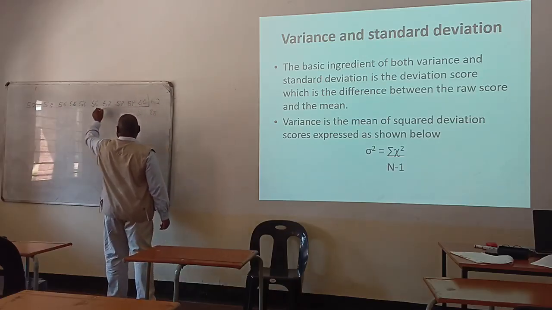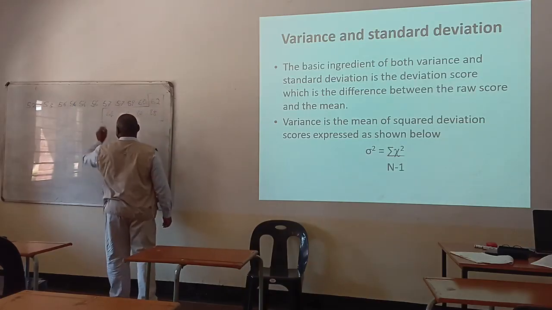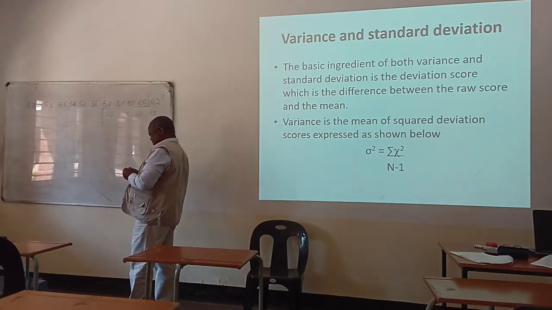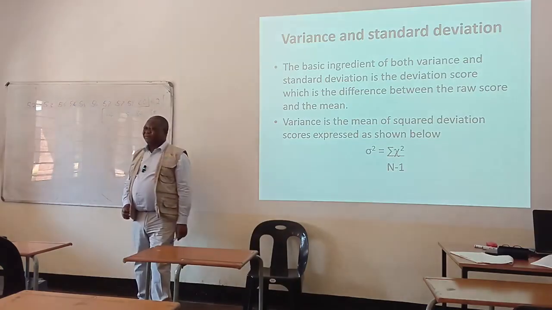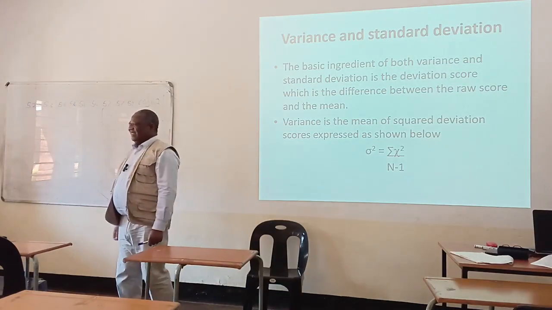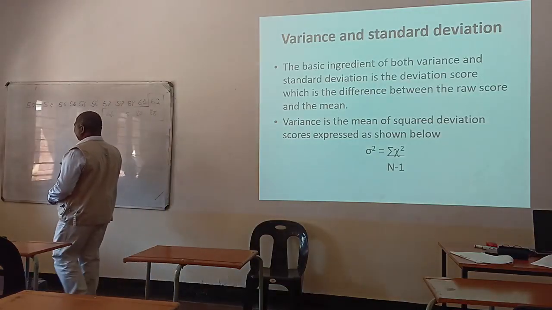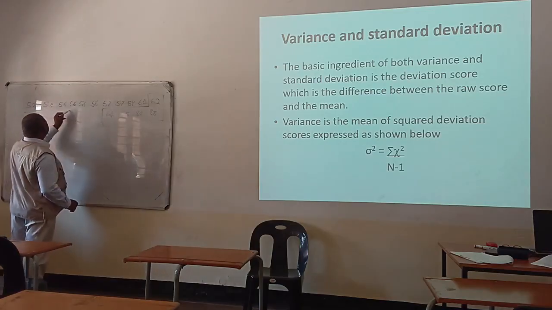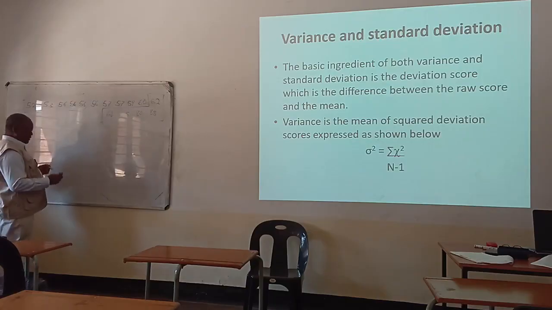Let's try to compute a standard deviation using those numbers. We'll do it together. After doing it together, then you will compute a standard deviation on your own for those numbers.